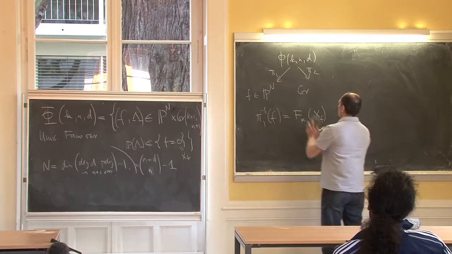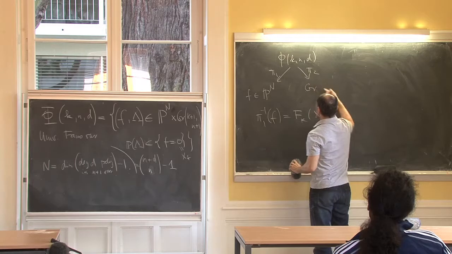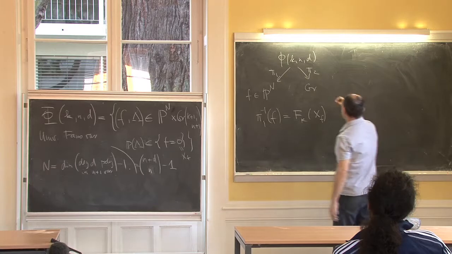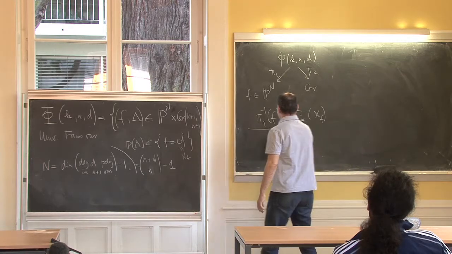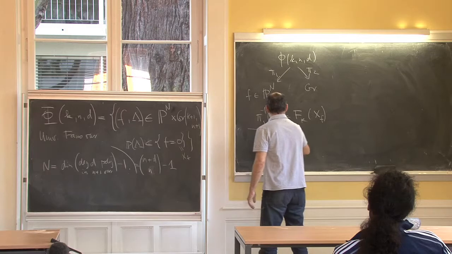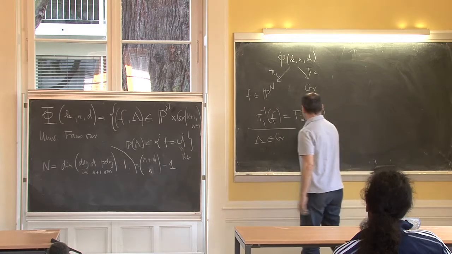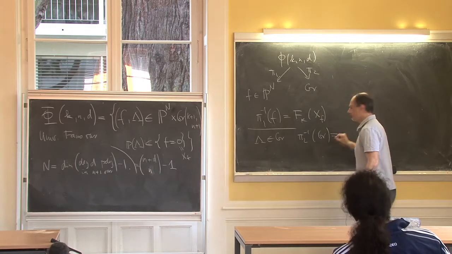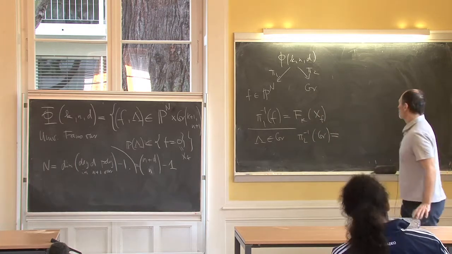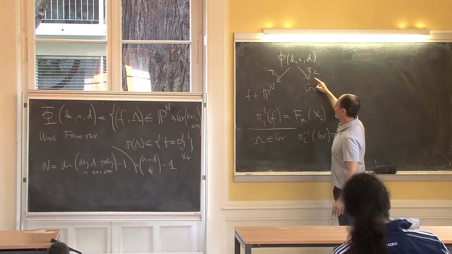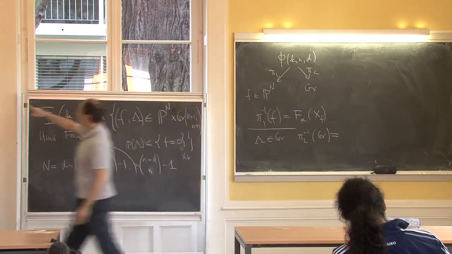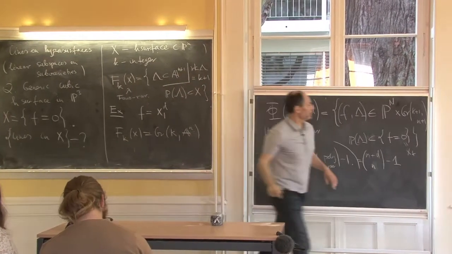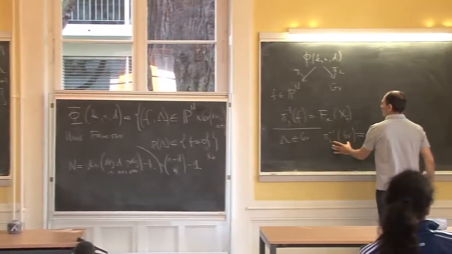But what is really exciting is that we can now study what is happening in the opposite direction. What happens if I fix a lambda in the Grassmannian? What is pi 2 inverse of this? If I fix a k-dimensional subspace of this n plus 1 dimensional space, take the inverse.